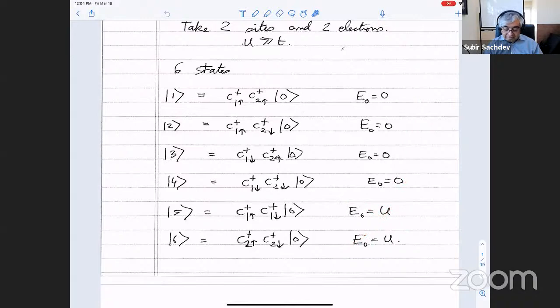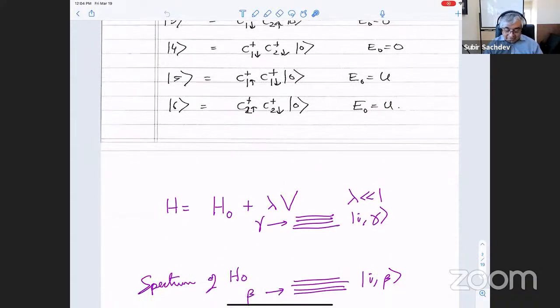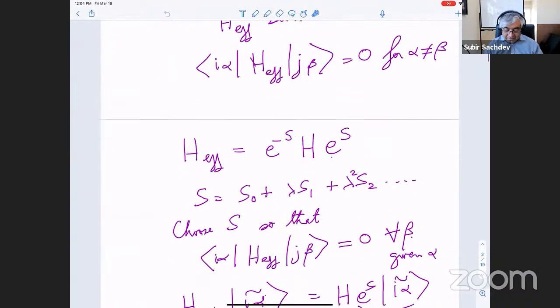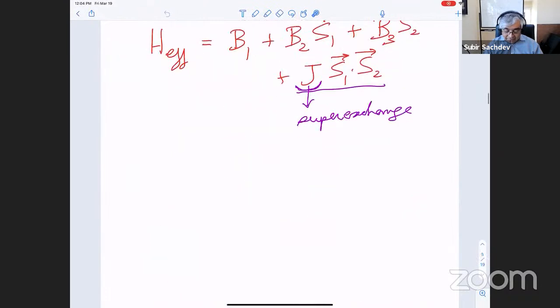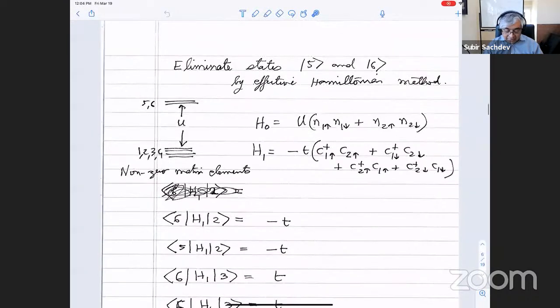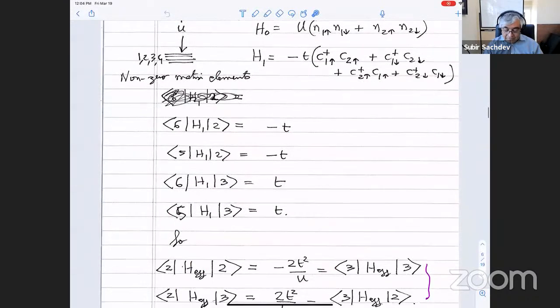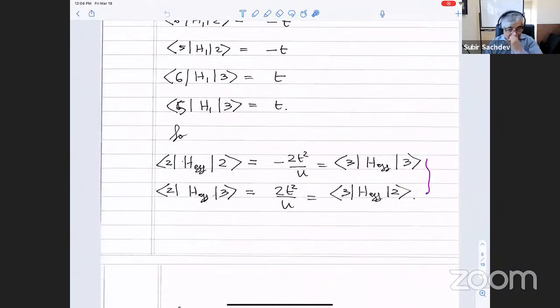All right, so then I told you about how you get the effective Hamiltonian by this canonical transformation, and there's a formula for it. When you work out the formula from second order perturbation theory, as in Cohen-Tannoudji, what you find is that there are only a few.